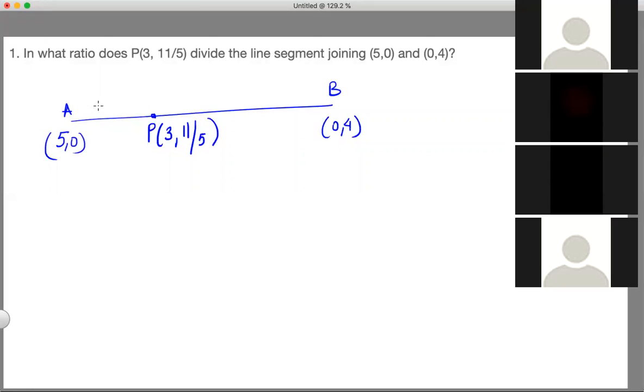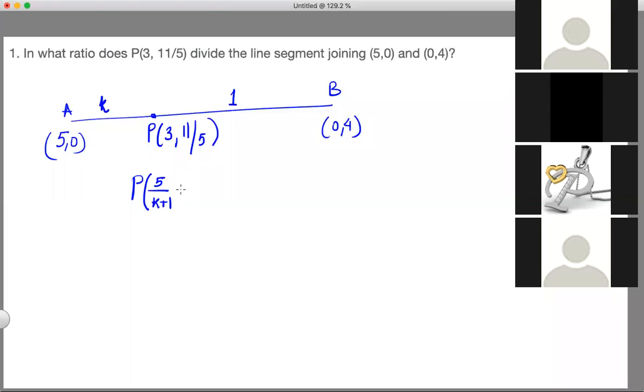Okay, so standard tarika hai karne ka, we will assume it divides it in the ratio k:1. तो P के क्या coordinates बनेंगे? P के coordinates बनेंगे 5/(k+1) and 4k/(k+1).